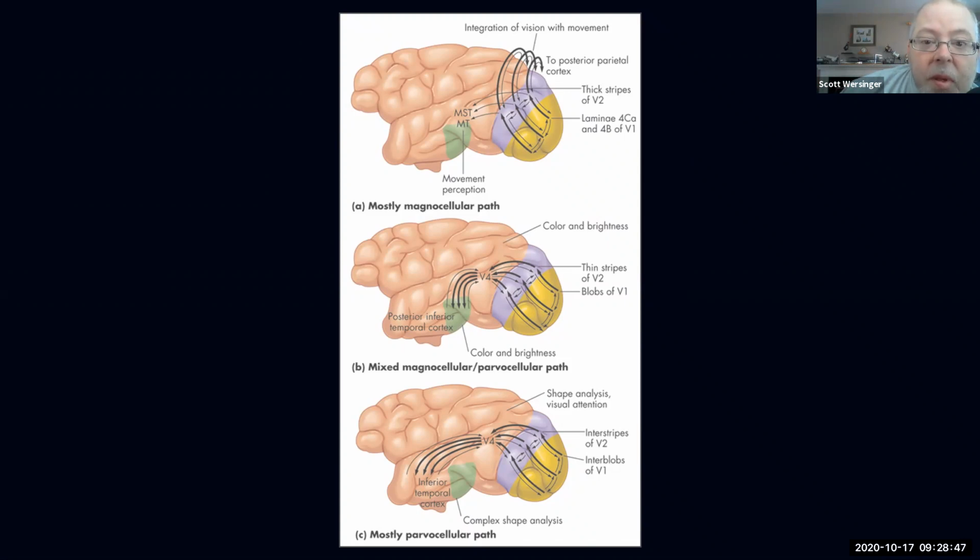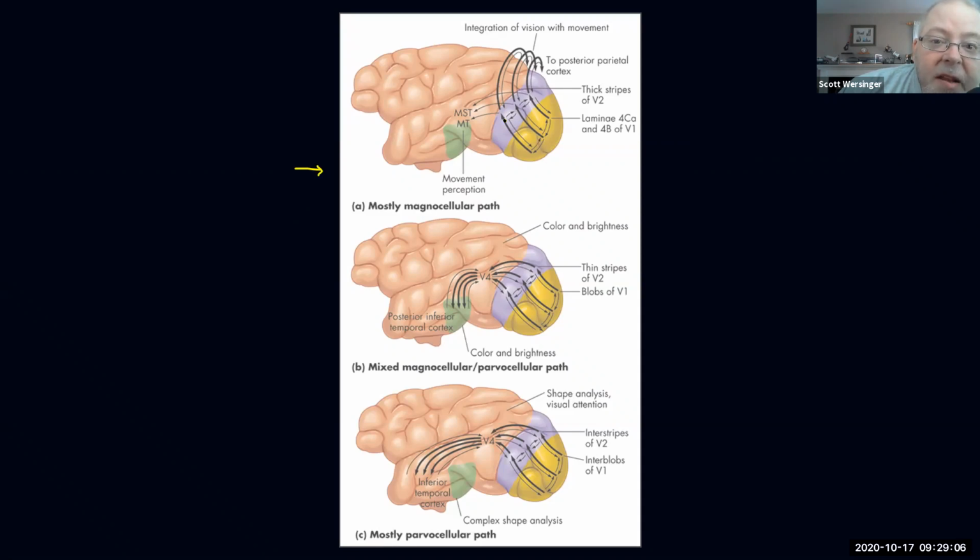Okay, so if we look at the magnocellular pathway, remember these were the large periphery, good in low light, good at detecting movement, right? So that information is going to go from the primary visual cortex.